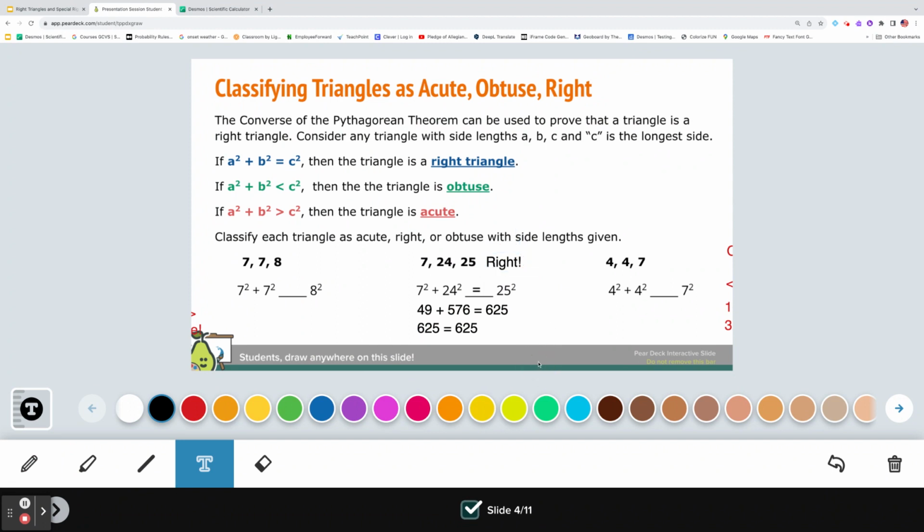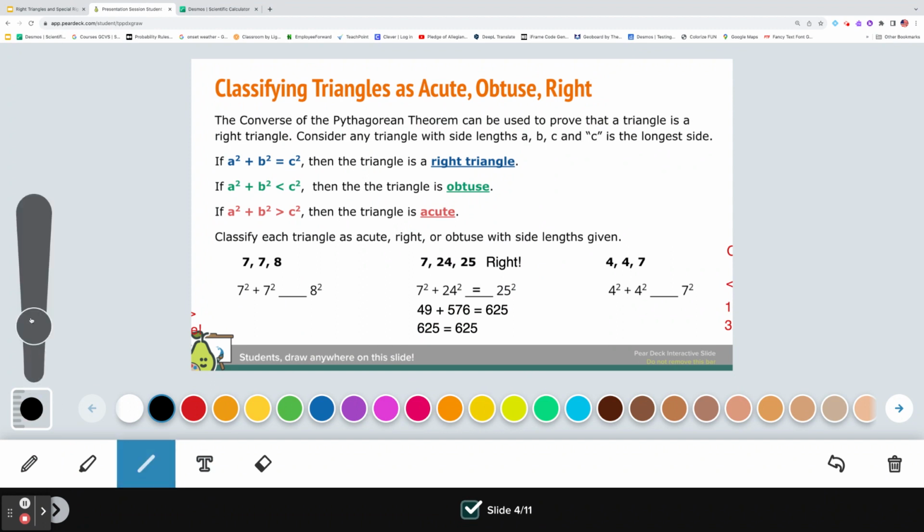Now let's look at this first example, and envision a triangle with side lengths 7, 7, and 8. It almost seems like an equilateral triangle, doesn't it? So hopefully you can visualize that this feels like it's going to be an acute triangle.